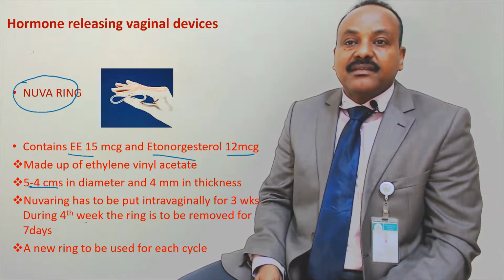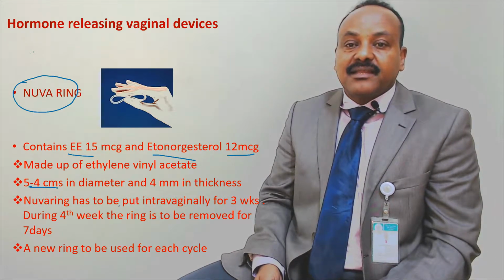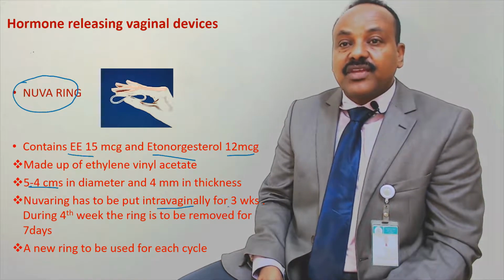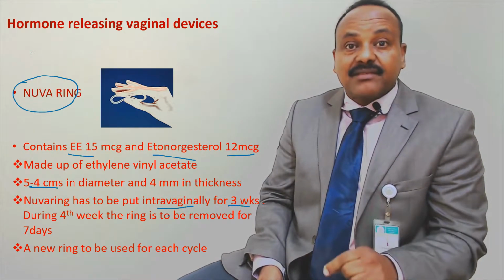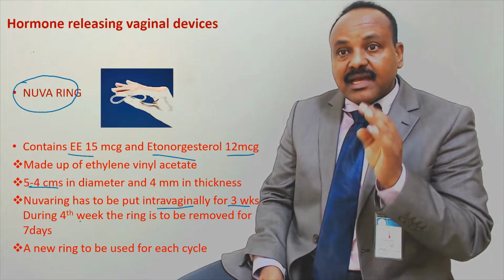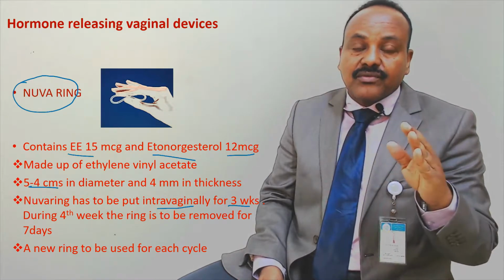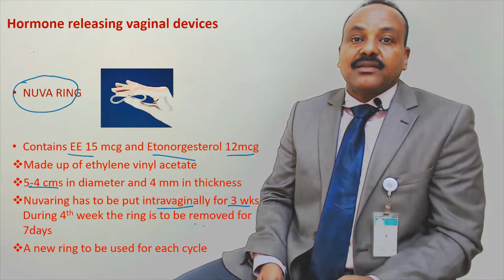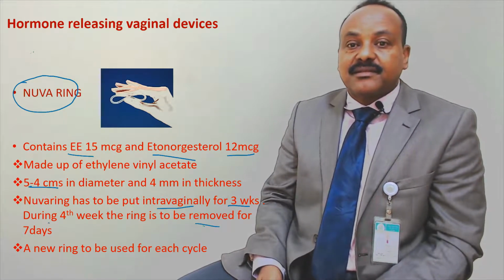NuvaRing, as you see in the picture, is inserted by the woman inside the vagina for 3 weeks, and after that removed for a week for the break, and the woman starts her regular menses.